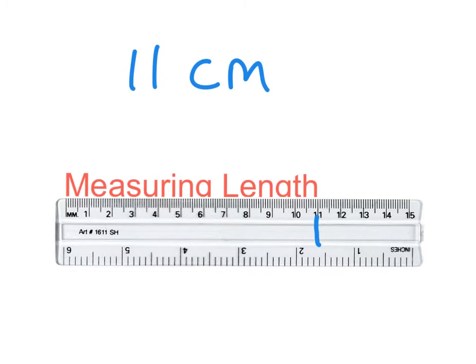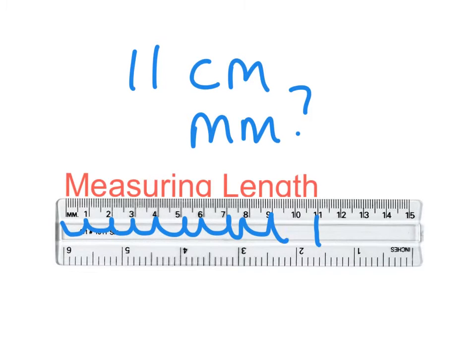Well, how many millimeters would that be? Well, if every centimeter has 10 millimeters, we have 10, 20, 30, 40, 50, 60, 70, 80, 90, 100, 110. 110 millimeters. Wow, awesome.